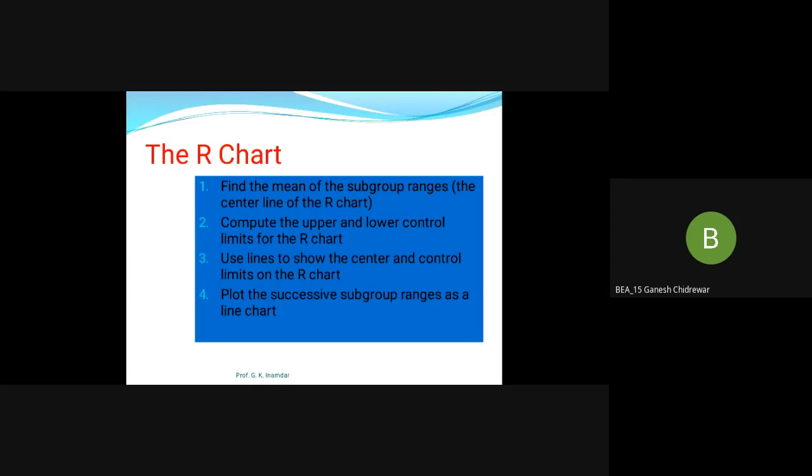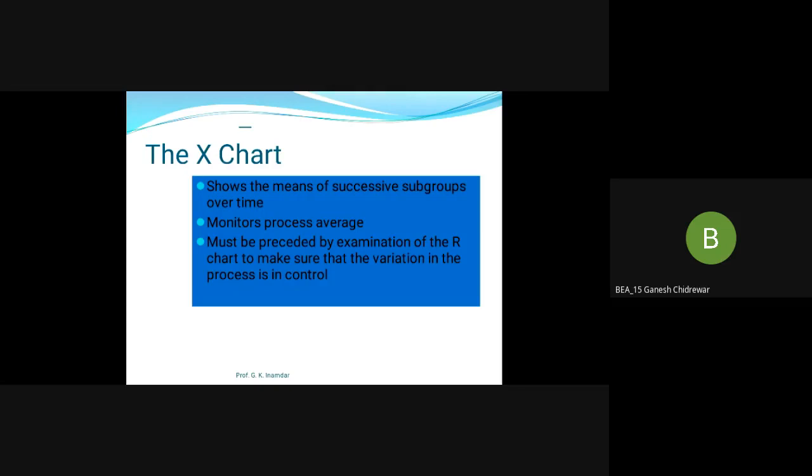After that compute the upper and lower control limits for the R chart. Use lines to show the center and control limits on the R chart, so dotted lines may be drawn there. And plot the successive subgroup ranges as a line chart. We have already discussed this. Again, this is the basics of the R chart.